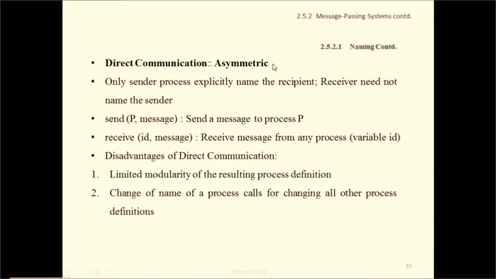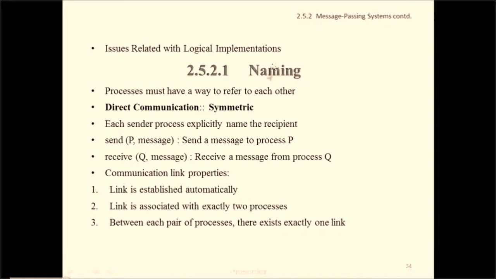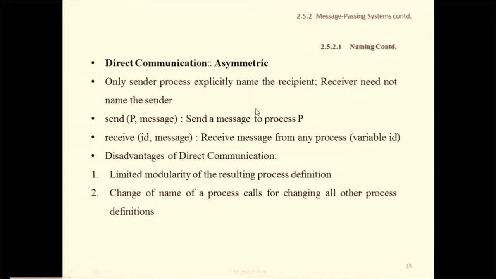Now direct communication asymmetric. Just now we covered direct communication symmetric. Now we are going for direct communication asymmetric. So what happens here is only sender process explicitly names the recipient. Receiver need not name the sender. Alright. So there are multiple recipients and only one sender.